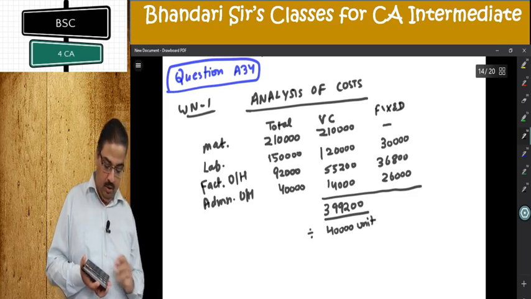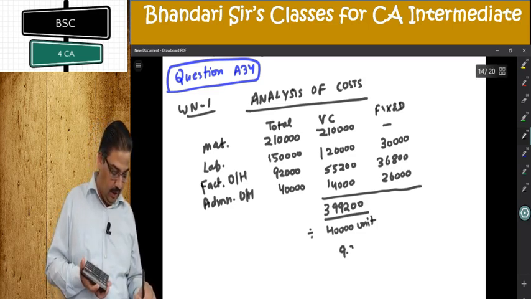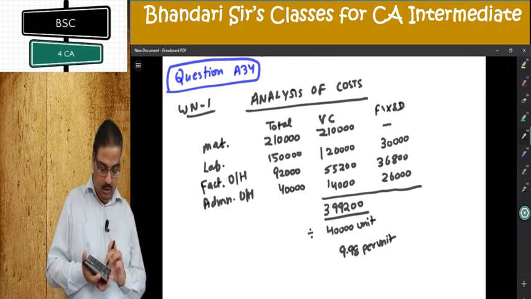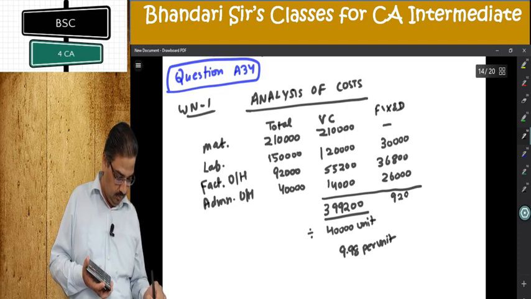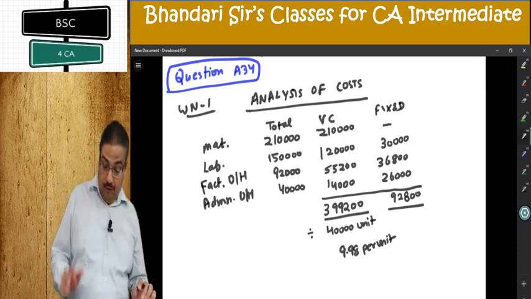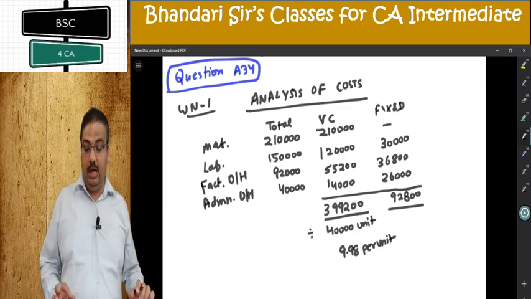I want per unit for variable cost for sure. I am getting is 9.98 per unit. Fixed I need total only. 30,000, 36,800, 26,000, 92,800. That is fixed.